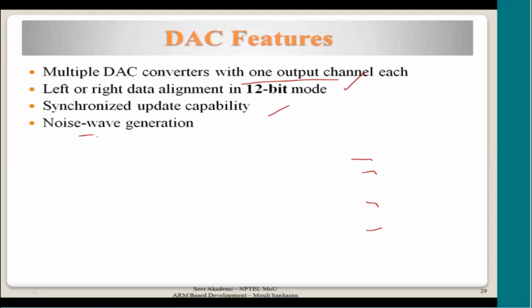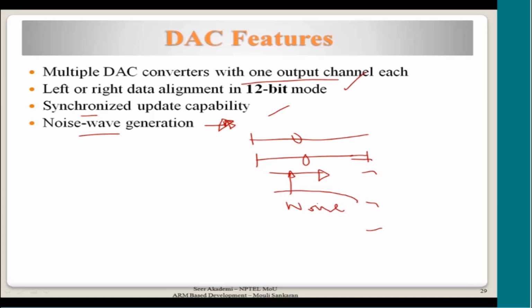Noise generation: there are many use case scenarios where you want to generate noise and then test your system under noise conditions, how your serial port is functioning, or your encryption data, or what kind of error correction code is implemented and how effective it is in the presence of noise. If you want to do that, you want to inject the noise into the system.